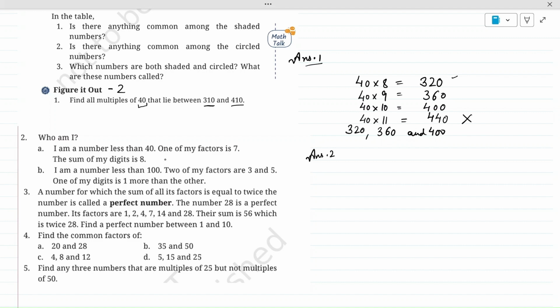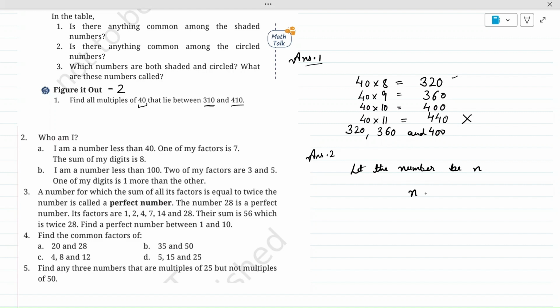So who am I? How are we going to do this question, kids? We will write here: I am a number less than 40. I am taking this number as n. Let the number be n.